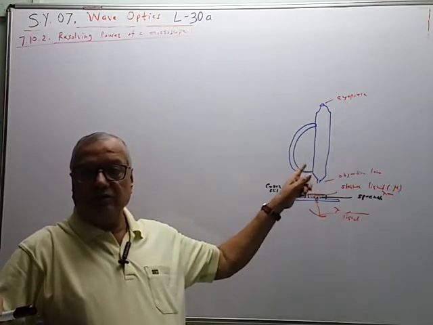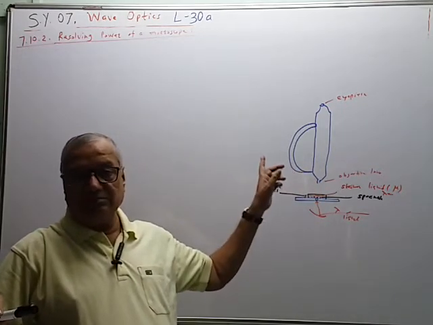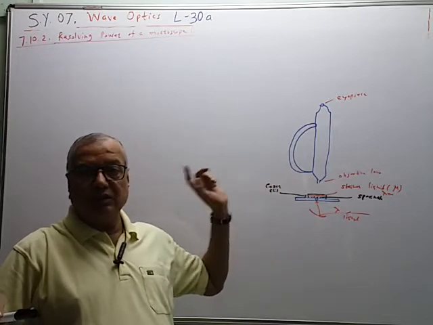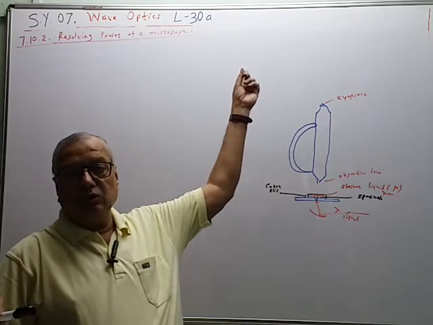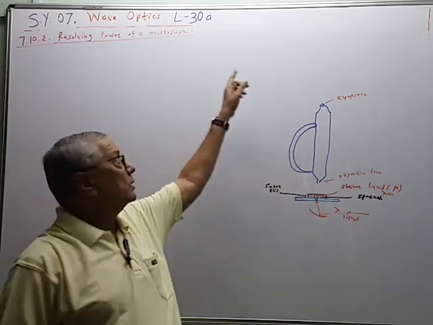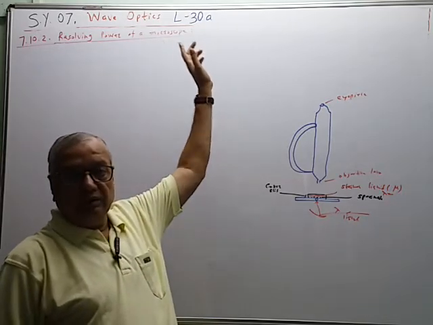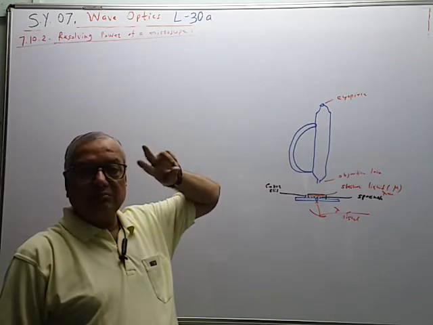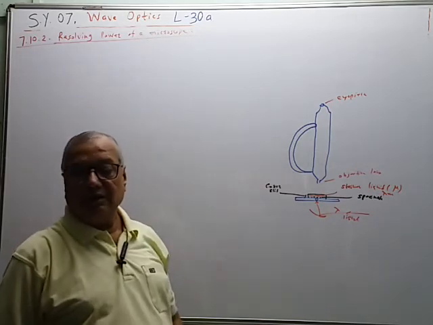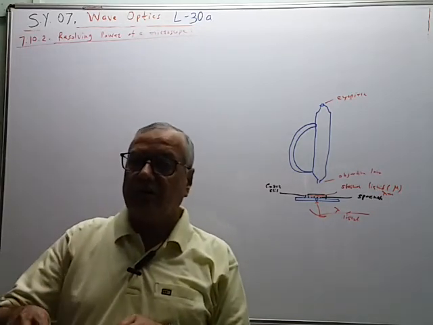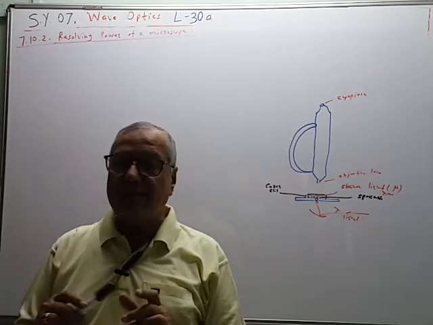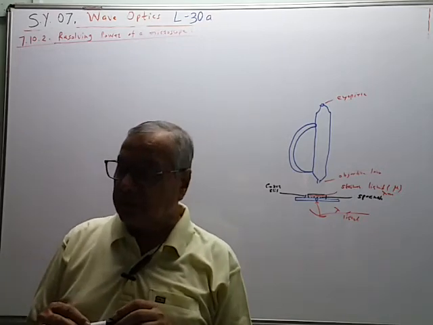The objective lens will produce the diffraction pattern of the two objects which are very close to each other. The distance between the two objects is of the order of micrometer, and therefore it is called a microscope. The two objects at a separation of micrometer are seen just resolved by using this type of device. It is called a microscope.